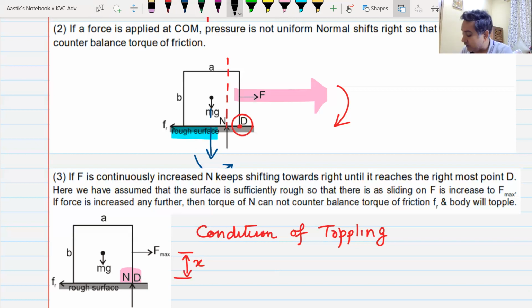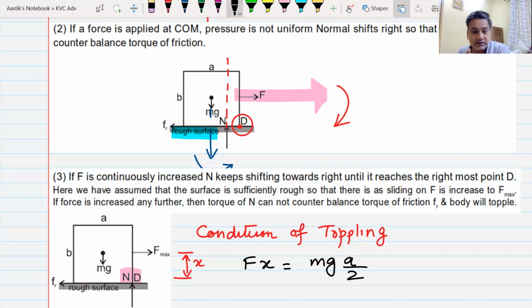The condition of toppling is F into x, the torque which is produced by this force, must become equal to the maximum torque of weight. The maximum torque of weight will be mg into a by 2. Do we understand this? Yes, sir.